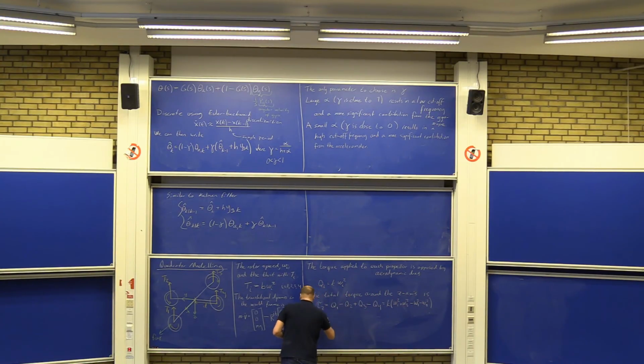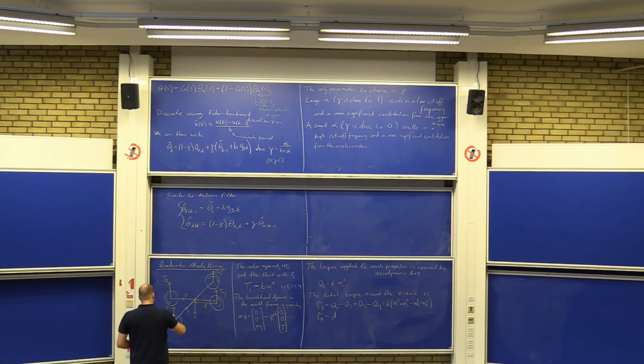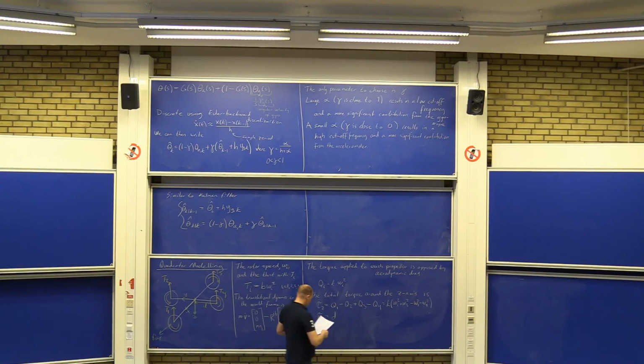Okay, and then we have tau x. So in the x direction, rotating around x, we will have d times this thrust we have here, T4, minus d times T2.